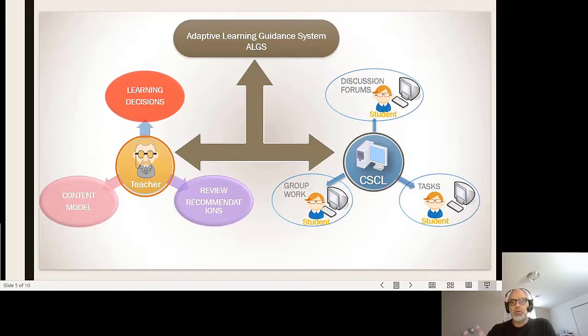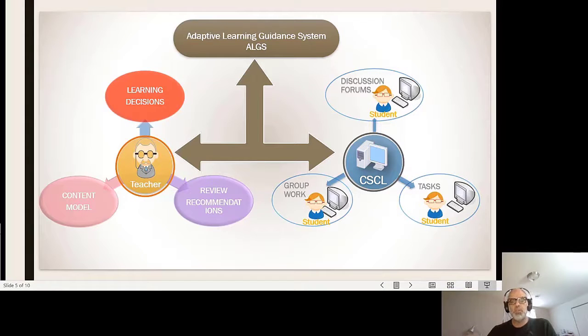On the other side, CSCL can have different elements, which is facilitating group work, making individual tasks, having discussion forums, a whole bunch of elements and affordances that can be quite useful for the students to advance down the learning path.